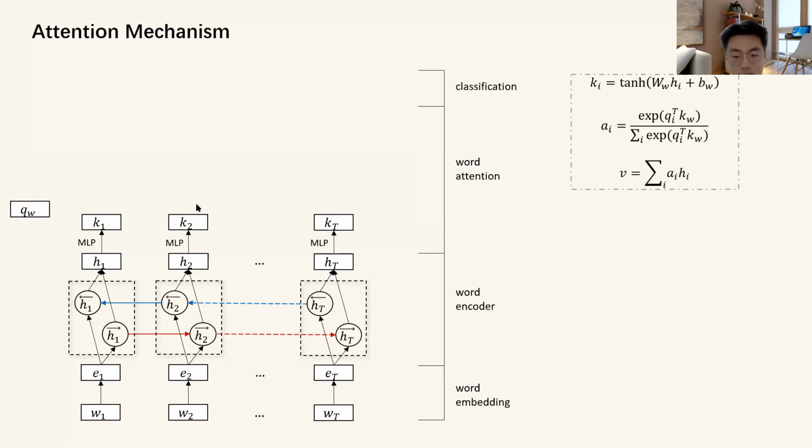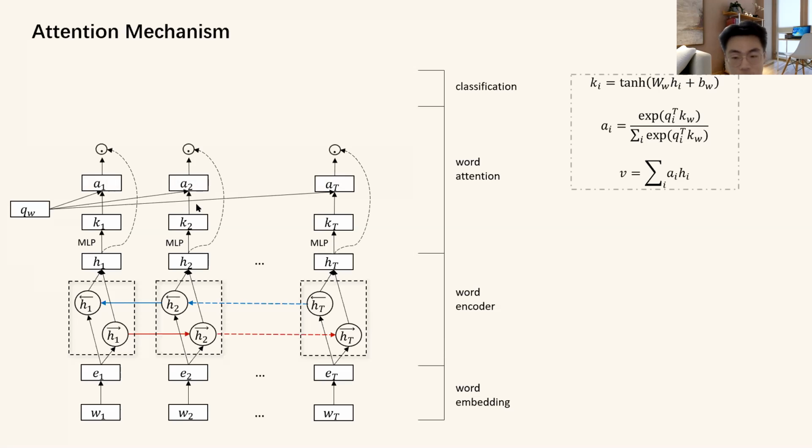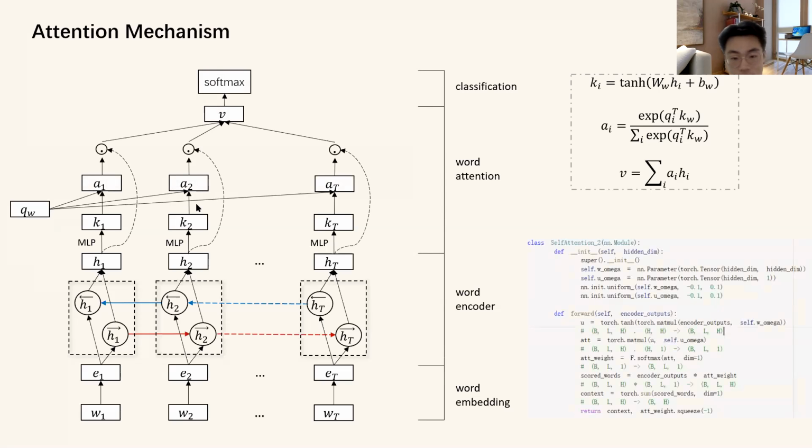Then we create a learned context vector Q_w and compute the inner product of K_i and Q_w to get the attention weight a_i. Finally, these weights are used to produce the final representation vector V, which is a weighted linear combination of the hidden states. And this is the code of the attention mechanism.